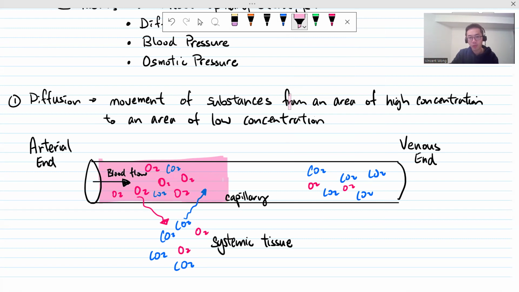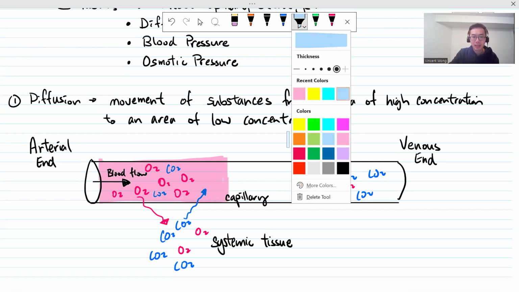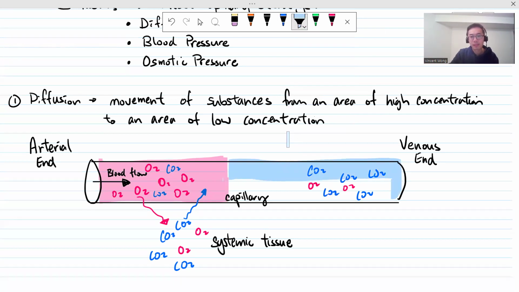All blood is red, of course. And then it becomes blue, again, not literally, but figuratively, I guess. Blue blood is oxygen poor, right? And this is basically going to go back to the lungs, right?